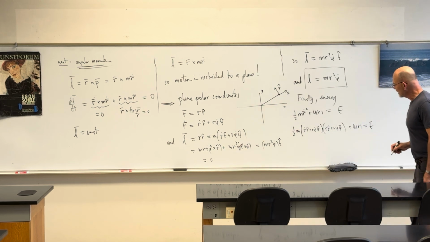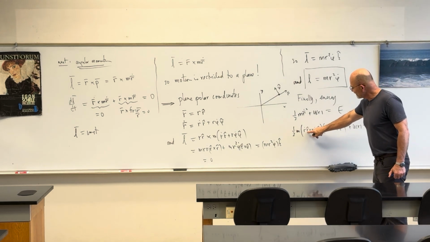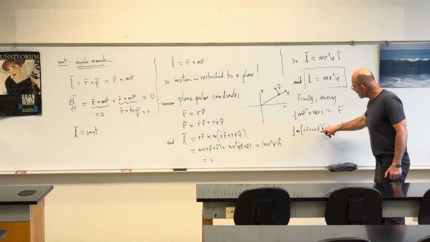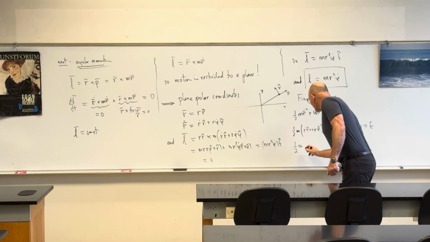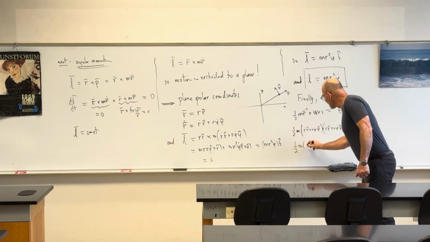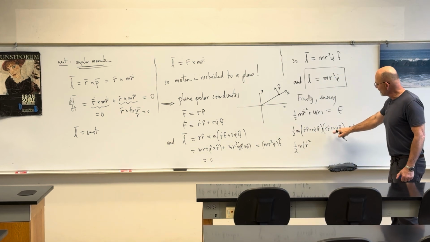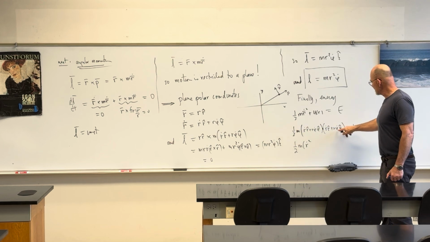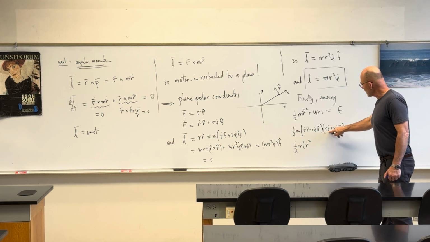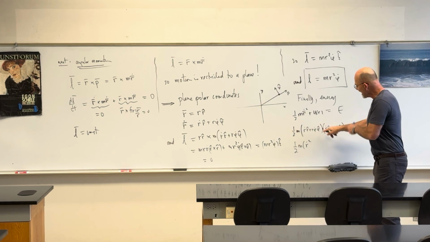equals E. And now again, the fact that these are unit vectors and they're orthogonal, we just end up with 1/2 m. We get an r dot squared, r hat into itself, then the r dot r hat into r phi dot phi hat vanishes. So the r hat phi hat always vanishes.